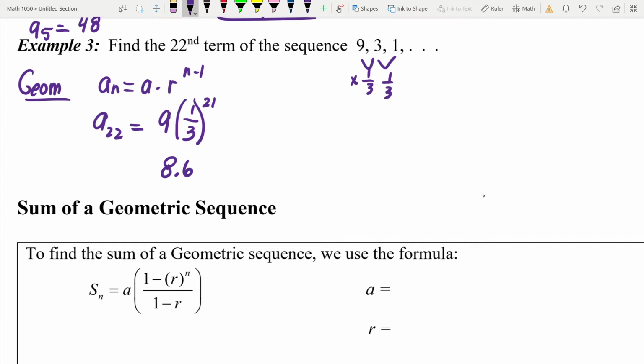It's 8.6 times 10 to the negative 10th power. The number is actually so small that it won't even fit on the screen. So the calculator just puts it into scientific notation. Okay? Don't worry about it.